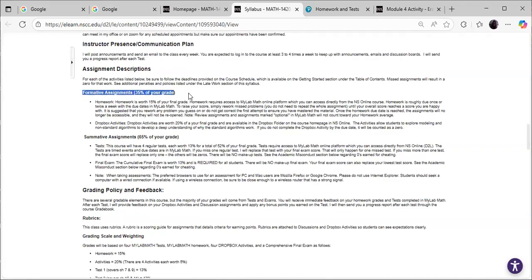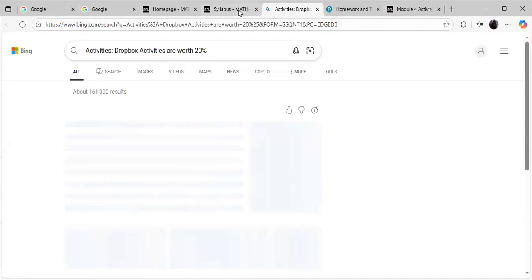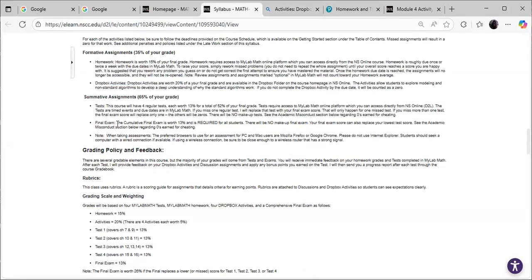The formative assignments are 35% of your grade: homework and activities. The homework is worth 15%, and the activities in the Dropbox are worth 20% of your overall grade. The tests and summative assignments are worth 65% of your grade.